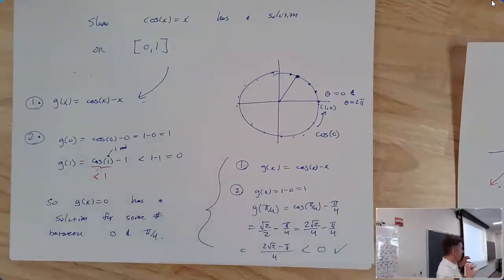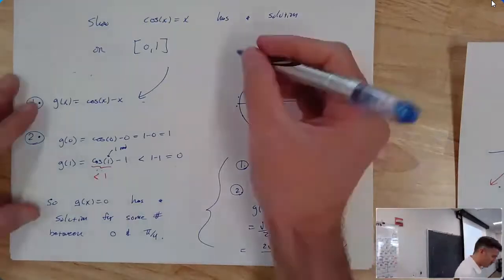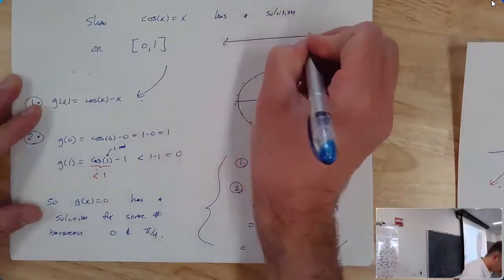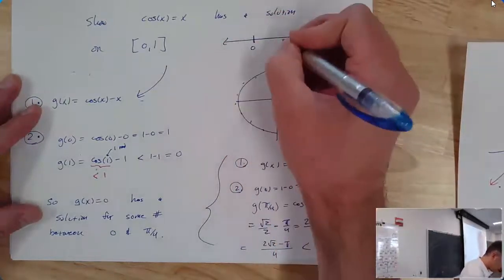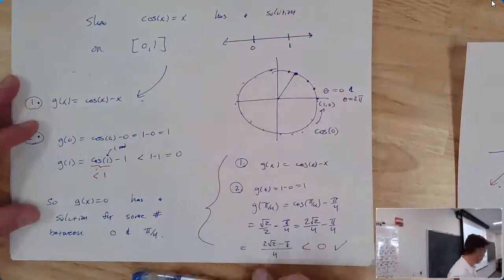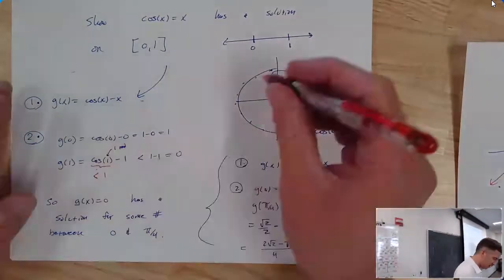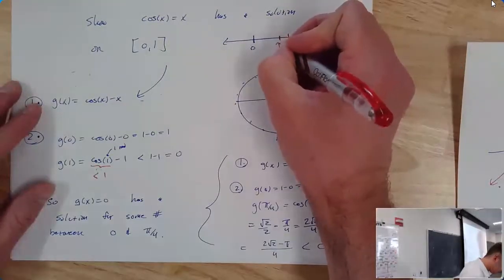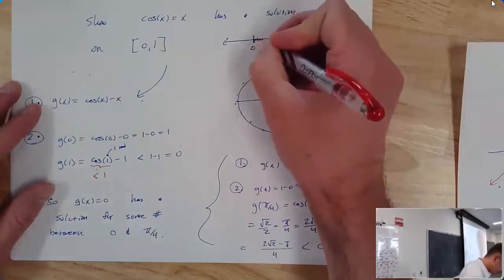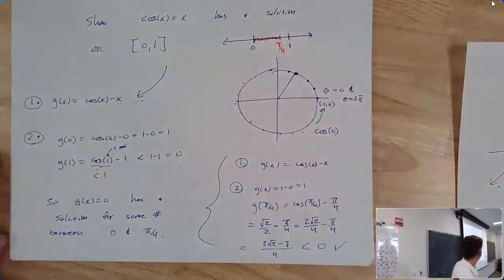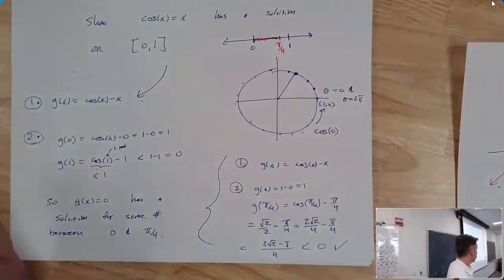We picked a smaller interval, so there was a solution in there, and then that means there has to be a solution in the somewhat larger interval. Basically, on a number line, I want to show there's a solution in here, and instead I said, well, I'm going to do you one better. I'm going to show you that there's a solution in here instead, which definitely means there's a solution in the larger interval.